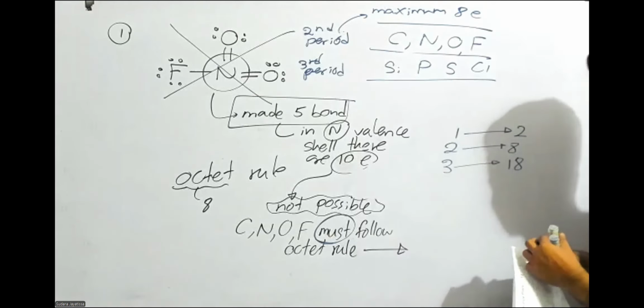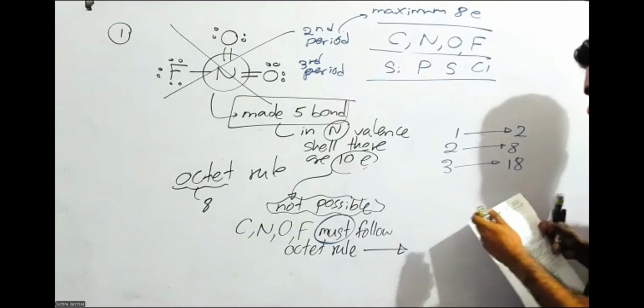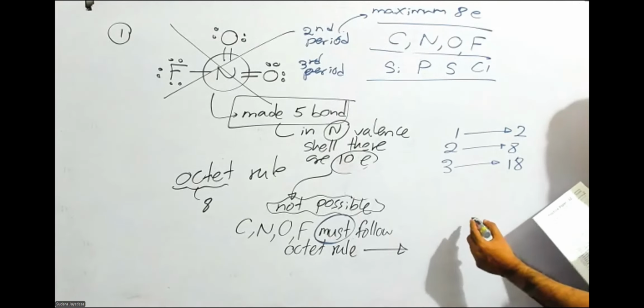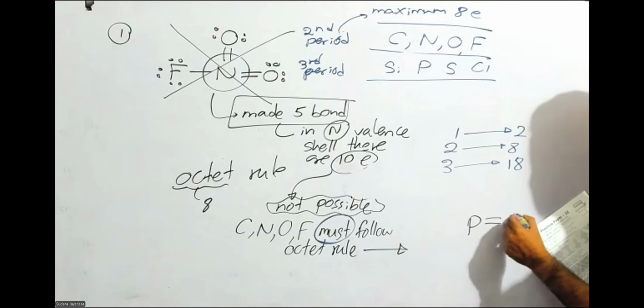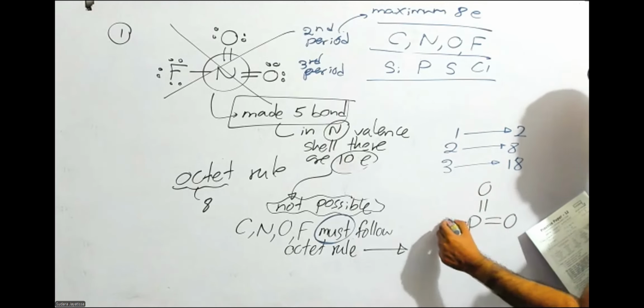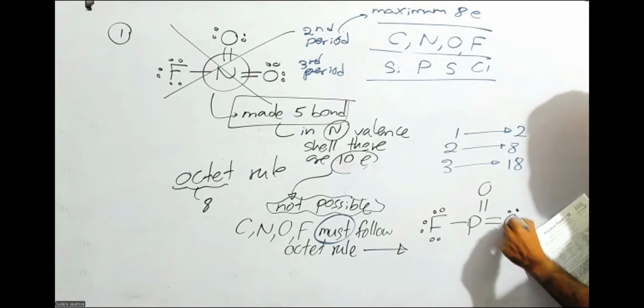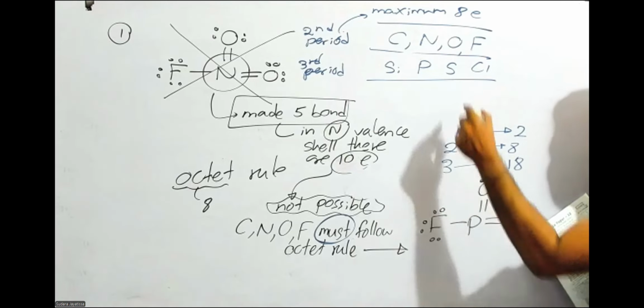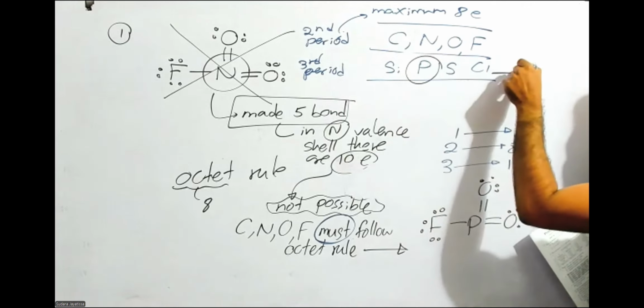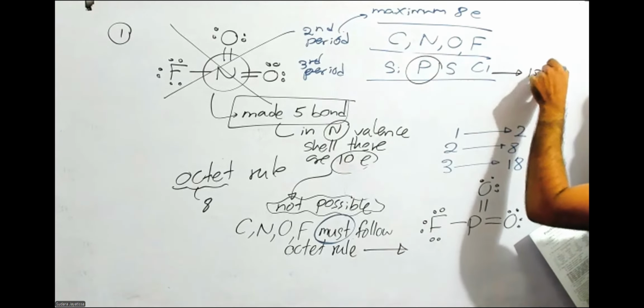Now take the compound with phosphorus. Did you notice? In the fifth answer, with the phosphorus, it is not wrong because phosphorus can keep 10 electrons. Phosphorus is a third period element, so its maximum electron holding capacity is 18.